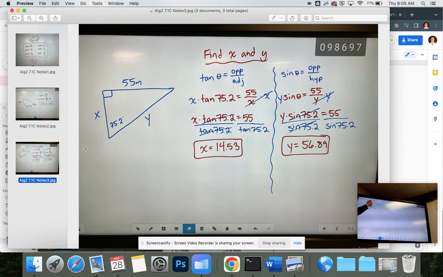Which trig function uses opposite and adjacent? Tangent, SOHCAHTOA. So tangent of 75.2 equals opposite, 55, divided by adjacent, x.